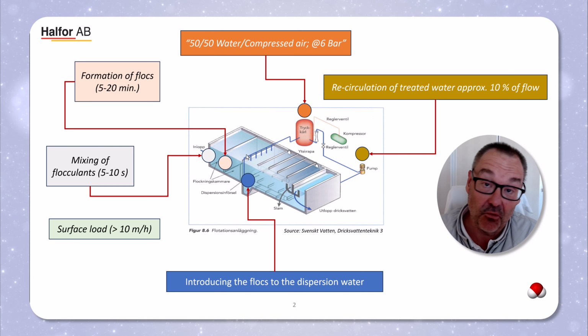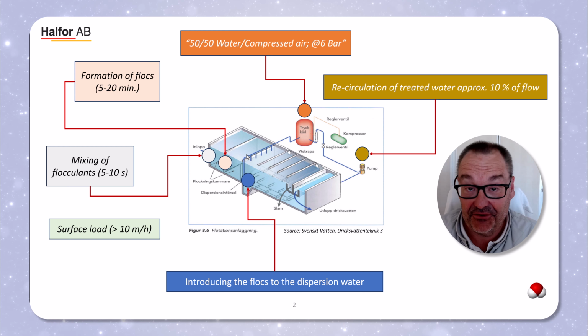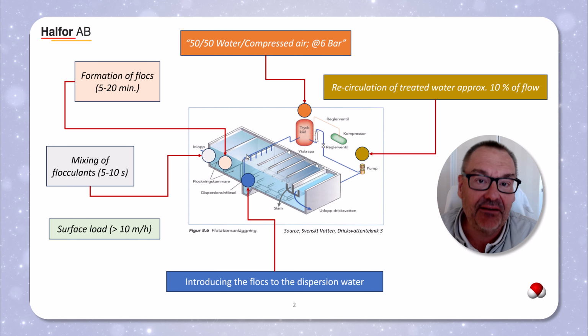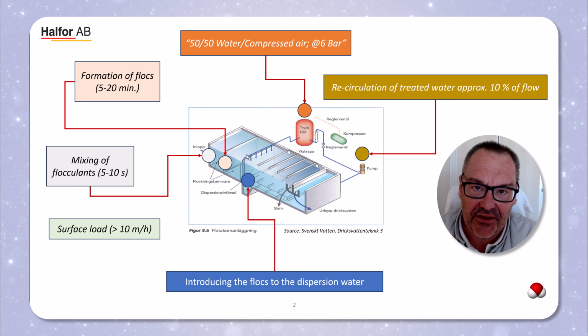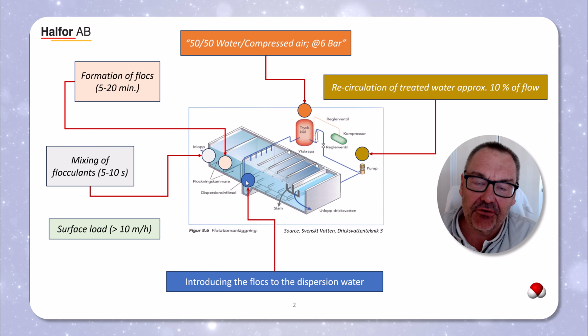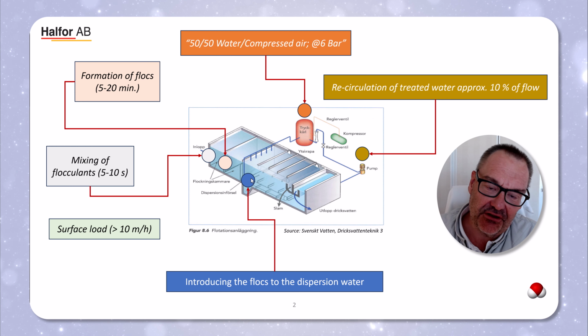After you have mixed, you come to the formation of flocks, in another chamber where you have slow stirring for about 5 to 20 minutes, depending on the type of water you want to treat. Then that water goes into the dispersion chamber.